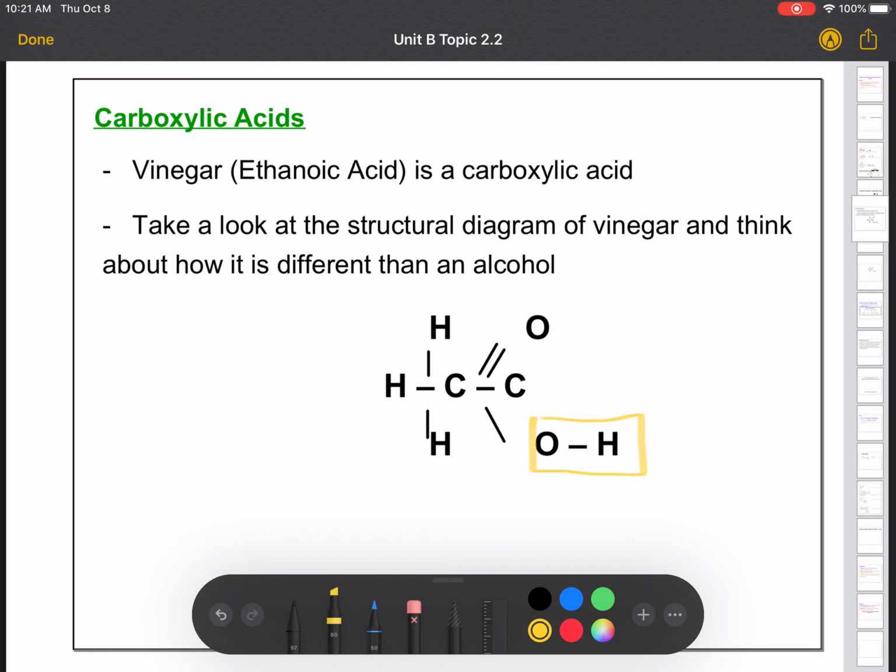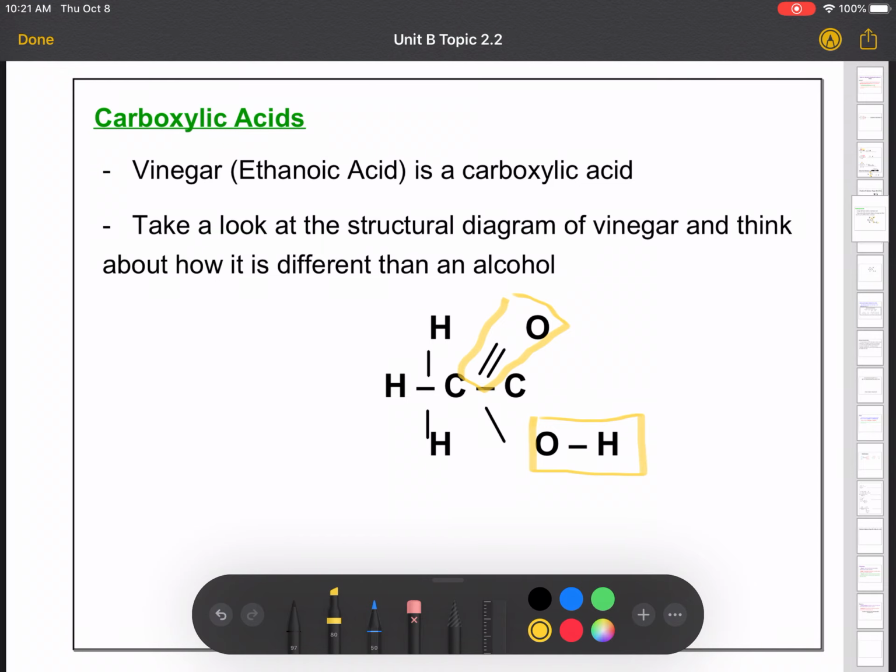But something that makes a carboxylic acid different is that it also has this double bonded O. Right? So the double bonded O tells you that it is a carboxylic acid. It's an alcohol with an extra double bonded O on the end.